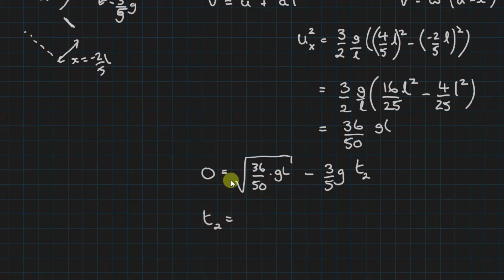Take that to the other side, we've now got 6/150th of gL to be divided by 3/5 g. There's lots of messing around in here at the moment. 3/5, we've got 30.